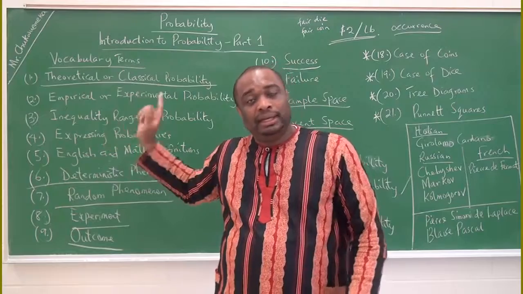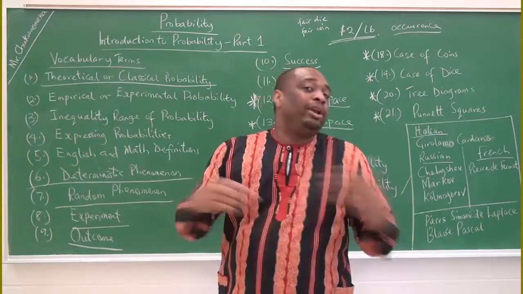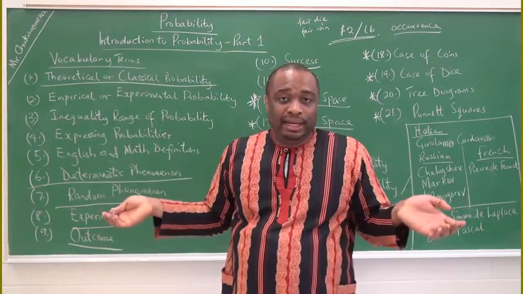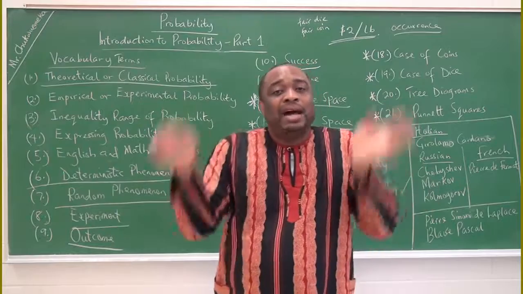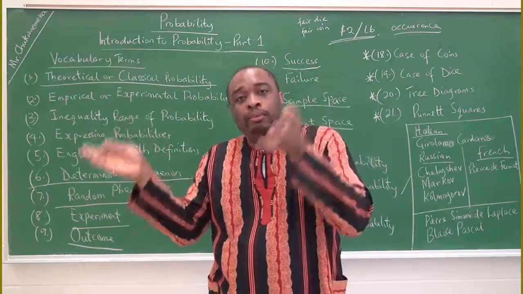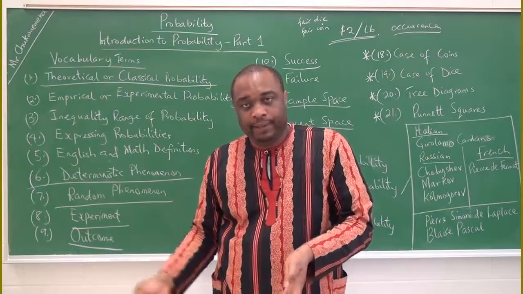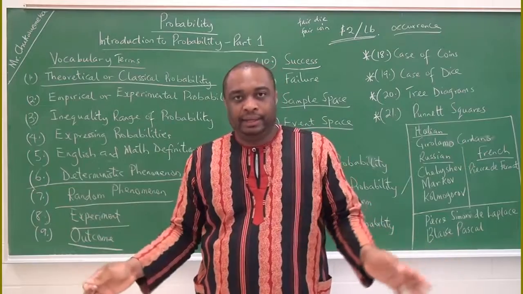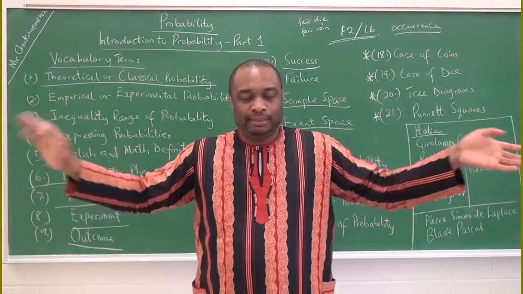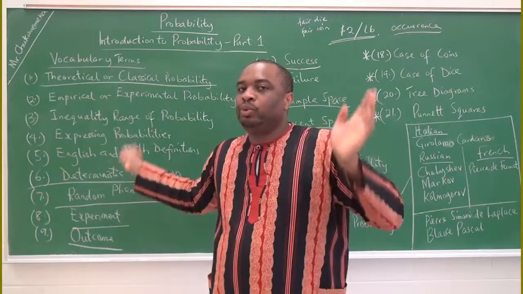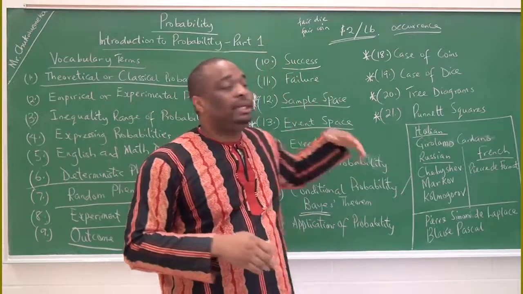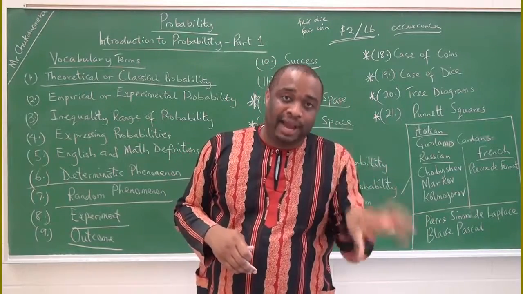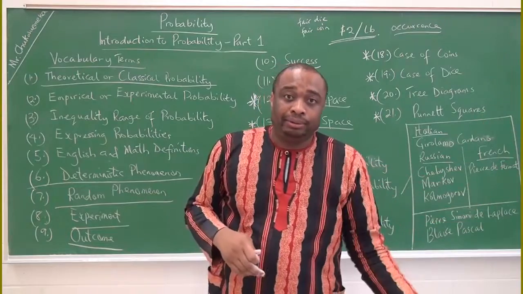In that case, we say that it is theoretical or classical probability. We don't need an experiment to do theoretical or classical probability, because the outcomes have equal probabilities of occurring. And of course, the sample space is finite. We're not talking of infinite sample space. All the problems we will do in the topic of probability shall be for finite sample space, a sample space that you can count.